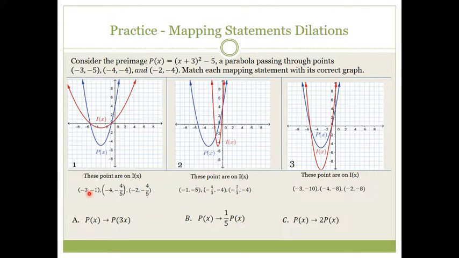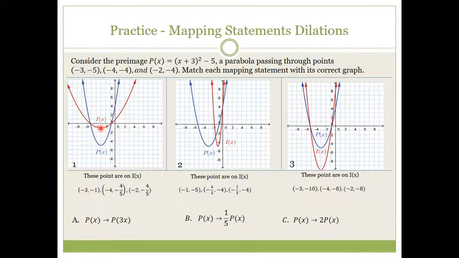They tell me that this point is on the new one, -3, -1. Well, the x is the same, so what do we have to do to this -5? What do we have to multiply it by to get it to be -1? That's the question you should be asking yourself, because we know it's a vertical dilation. Remember, we know that because we can see that the vertex has just been shifted up, so not left or right, but just up.